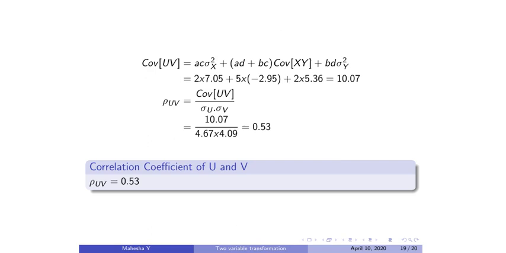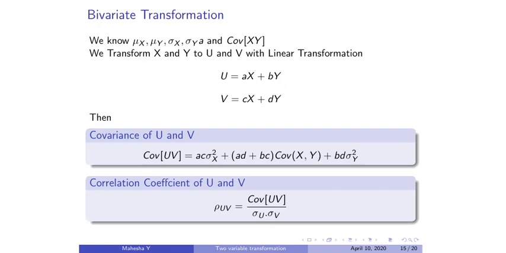Once you get these values, we have covariance of xy, we have sigma u, and we have sigma v. Then the next task is to find the covariance of uv, because for rho uv we want covariance of uv. We find it using the expression covariance of uv equals ac sigma x square plus ad plus bc covariance of xy plus bd sigma y square.